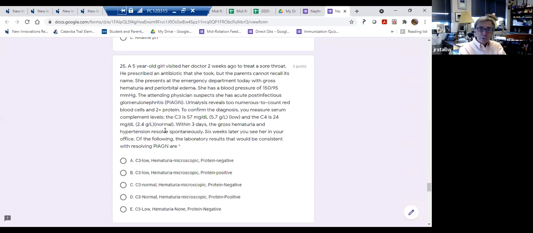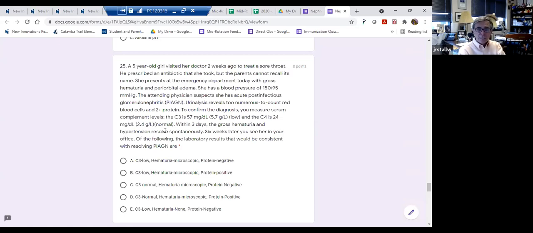The microhematuria can be there for a long time, a year or two. So in 6 weeks, you're still expecting some hematuria. So if it's post-infectious GN, based on what I just said, the C3 should be normal. So you're down to C and D right off the bat. The hematuria will still be there because it can be there for a year or two.